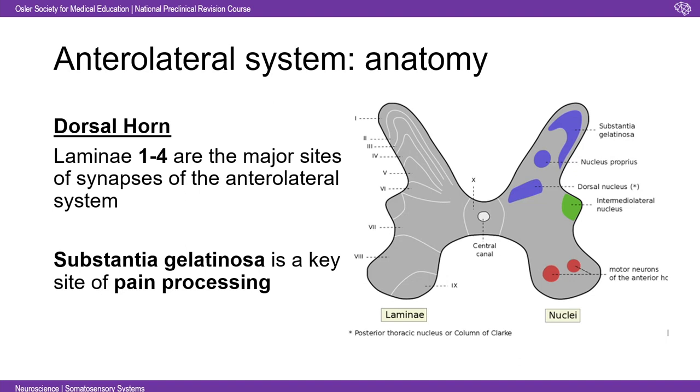They're the most dorsal, and they're the major sites of synapses of the anterolateral system, particularly the spinothalamic. And the laminae 1, the substantia gelatinosa, it might be, don't quote me on that because it might be a few levels. It is a key site of pain processing, which we'll cover shortly.